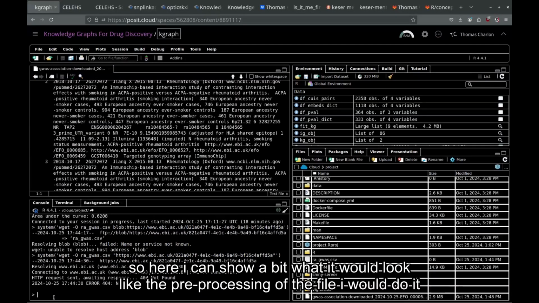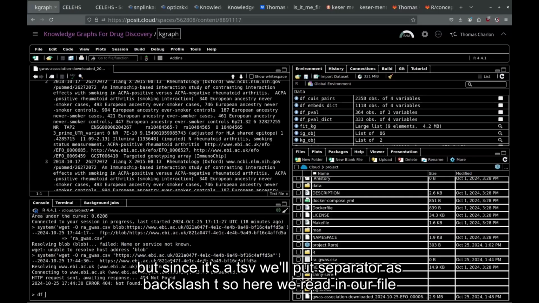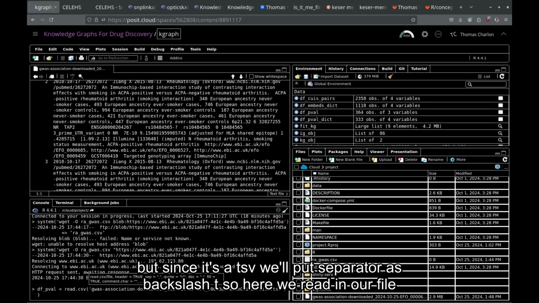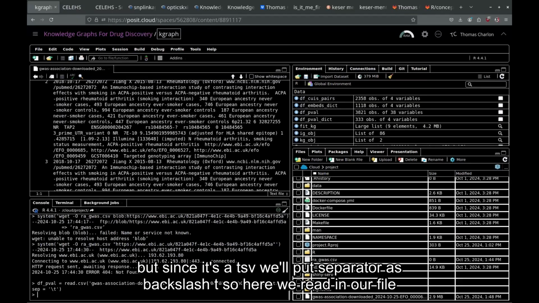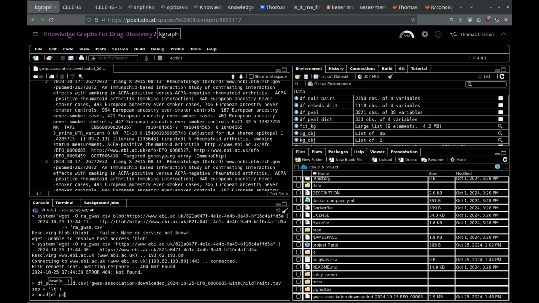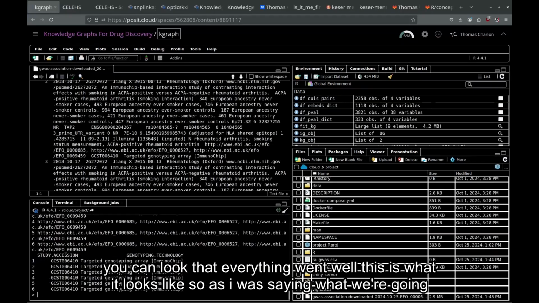So here I can show a bit what the pre-processing of the file would look like. Since it's a TSV, we'll put the separator as \t. So here we read in our file, and we can check that everything went well.